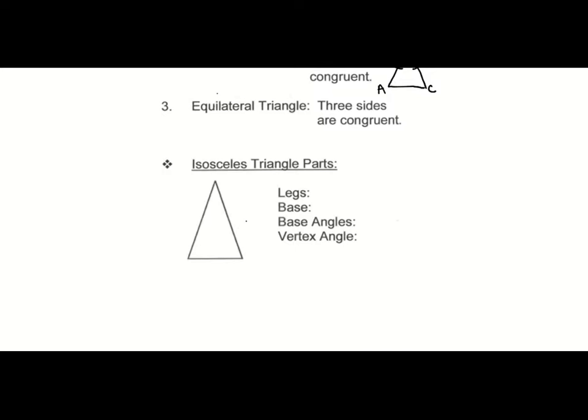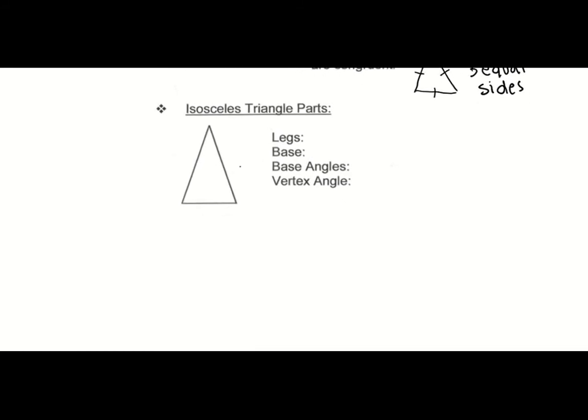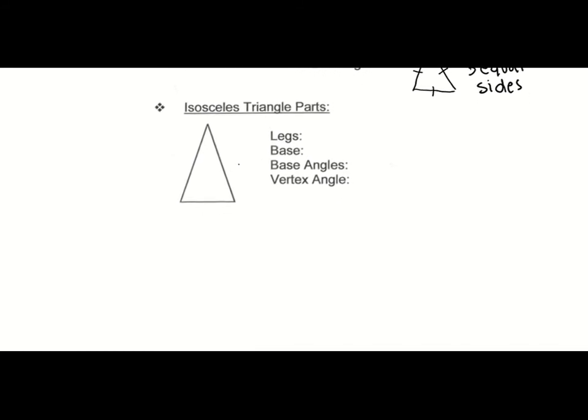I just want to look a little bit closer at our isosceles triangle because we will be talking about this in our next unit, and it's good to just introduce it here. If we have an isosceles triangle, there are different parts that we refer to. So if I were to label my sides here, I call this CAB, and I'm going to label these two angles in the corner, and this side is different than my other two.